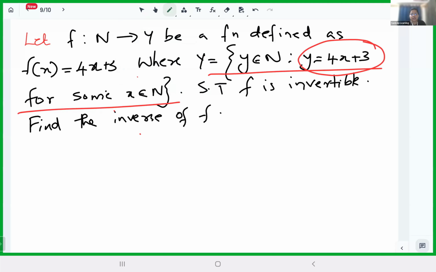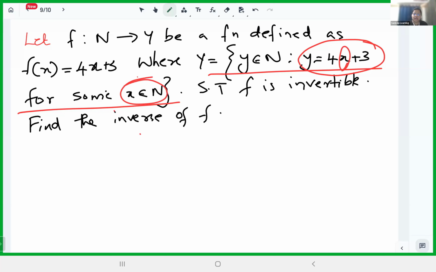What do you mean by 4x plus 3? It is 3 added to multiples of 4. So that contains the elements in such a way that it will be of the form 3 added to the multiples of 4. Alright, that is 4x plus 3. And this x belongs to the set of natural numbers.